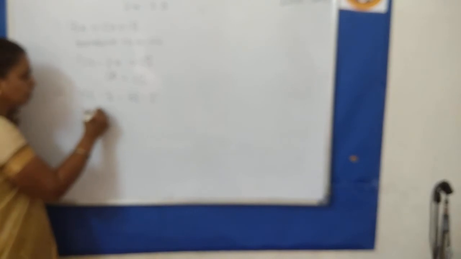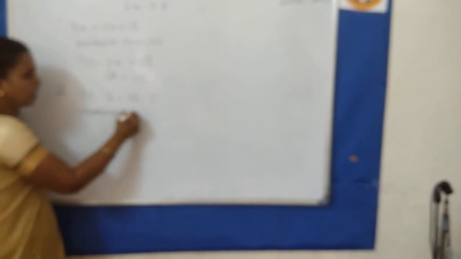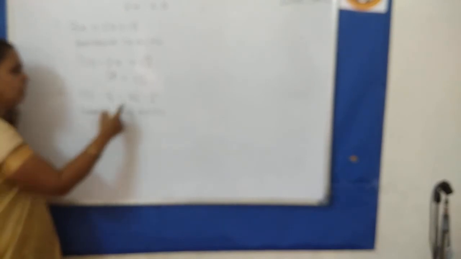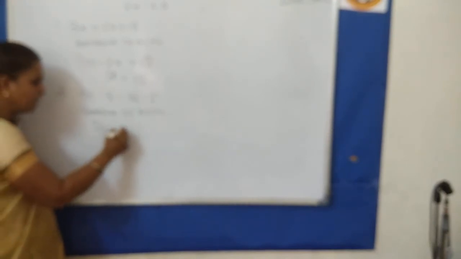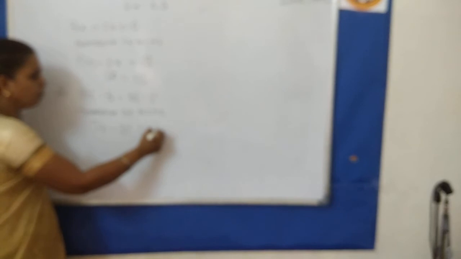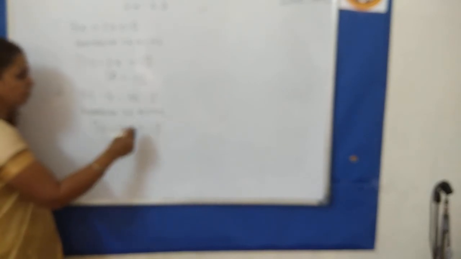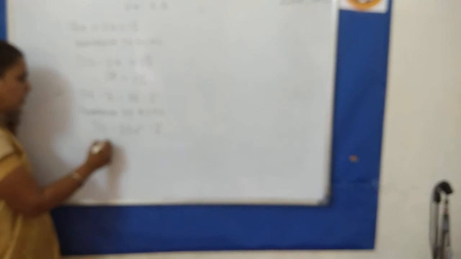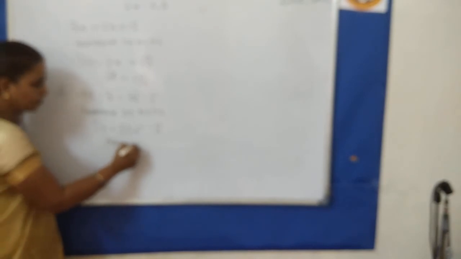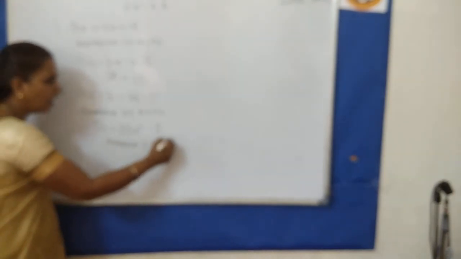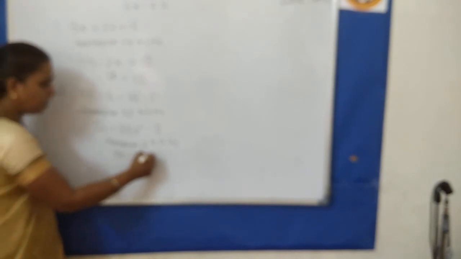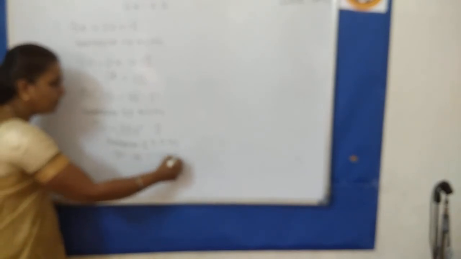Transpose 3t to LHS. This 3t becomes minus, and 5t as it is, and here minus 3 as it is. Now transpose 3 to RHS. 5t minus 3t is equal to minus 5 plus 3.